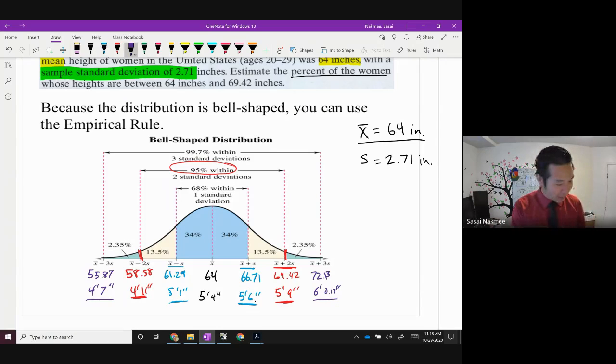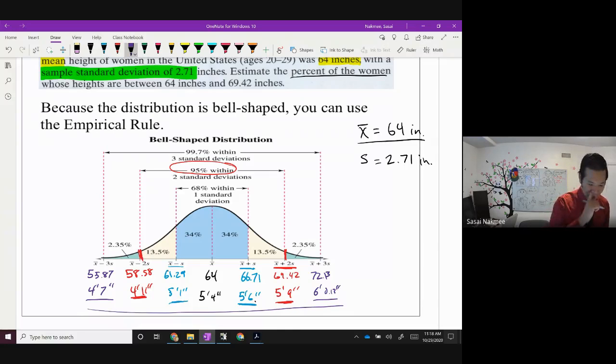Now, why did I calculate all these values? I just wanted to show you how we apply the mean with the standard deviation, right? It gives me all of these numbers down here in the bottom, but we don't care about all these numbers. If you read the problem, it only cares about the heights between 64 inches and 69.42.